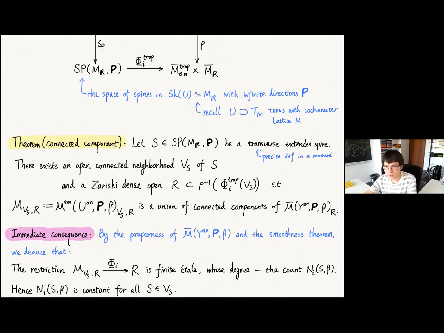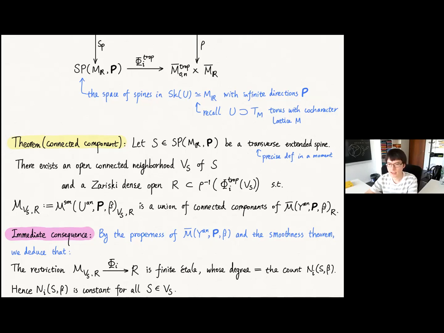Recall that we defined in the last lecture the count NIS beta using skeletal curves, and it's just a naive count of skeletal curves. And we defined it using degree of or length of some zero-dimensional analytic space of skeletal curves. And this fiber is just one particular fiber here. So the degree of this finite étale map gives exactly this count of skeletal curves we defined in the last lecture.